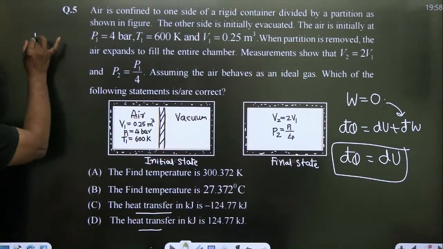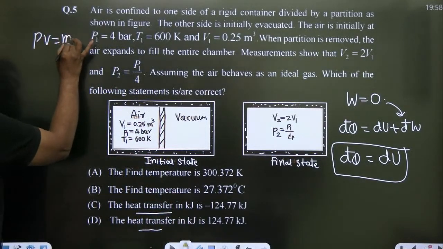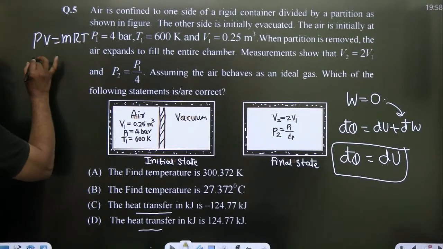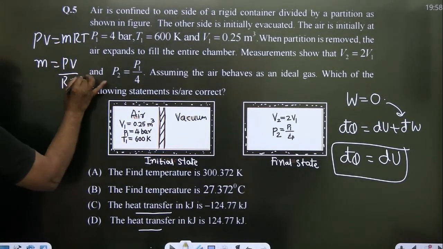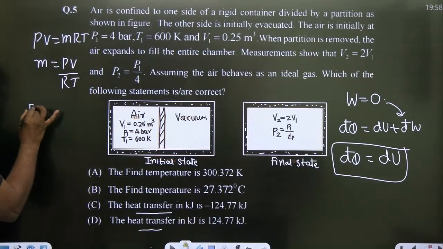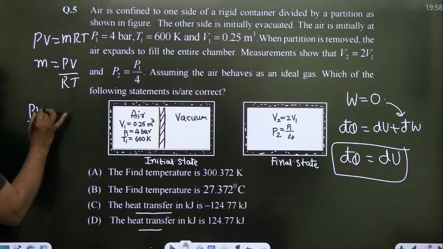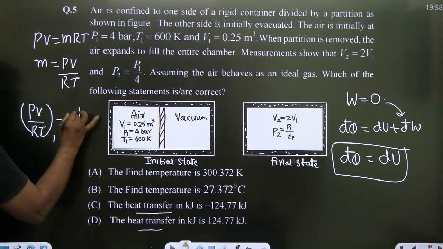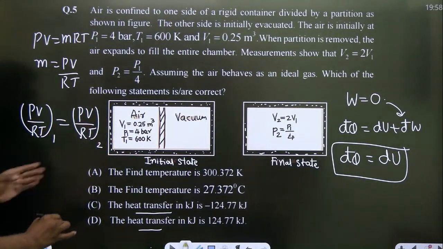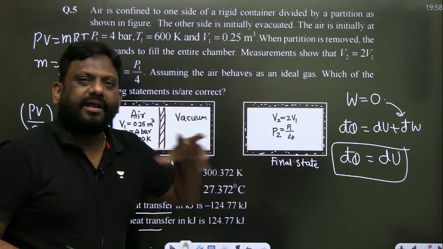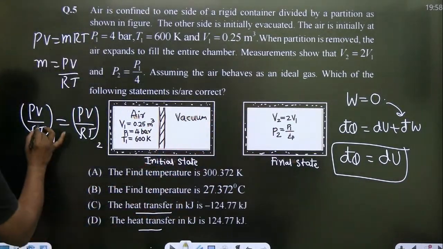So PV is equal to mRT. So can I write this as, M is equal to PV by RT? Yes, sir, why not? So I will write PV by RT under initial conditions is equal to PV by RT under final conditions. But this is air. For air, R is same. So R को cancel कर देना.